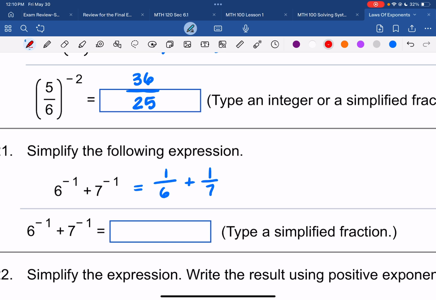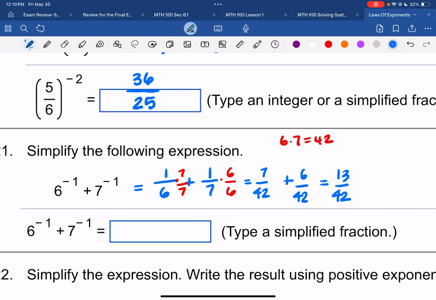Now 6 and 7 will both go into 42 because 6 times 7 is 42. So to make both denominators 42, multiply the top and bottom of this one by 7, the top and bottom of this one by 6, and I get 7 over 42 plus 6 over 42, and the answer is 13 over 42.